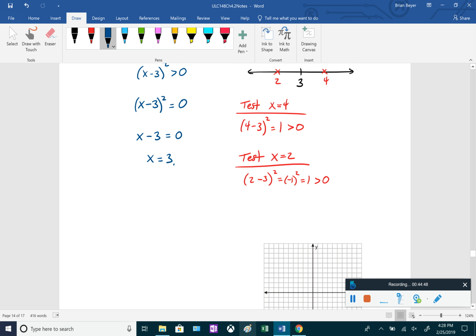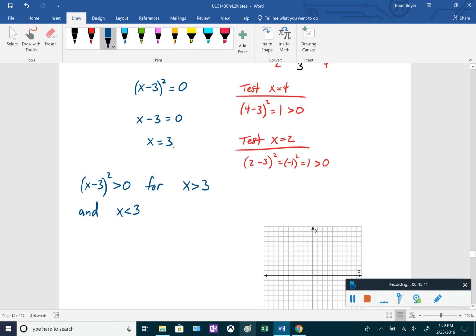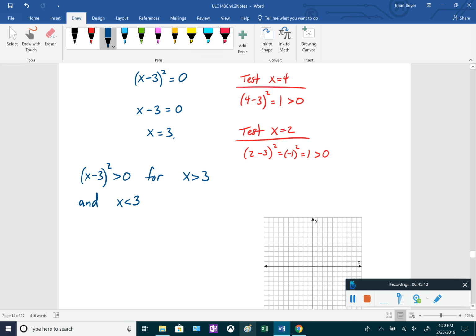So what I'm going to do is say for the domain here, x minus 3 squared is greater than 0 for x greater than 3 and x less than 3. Earlier, when I had it set equal to 0 instead, right above this, it's just so I can find that cutoff point because I knew we had to omit 3.